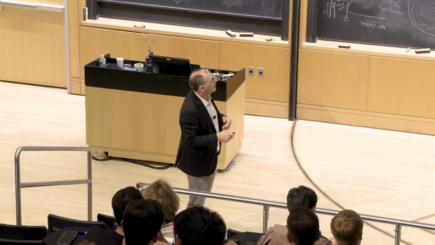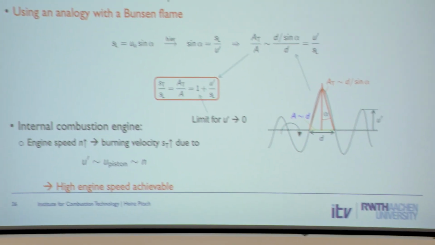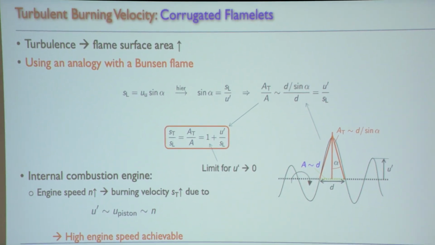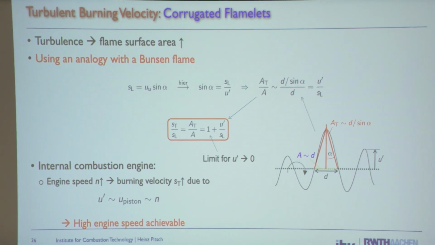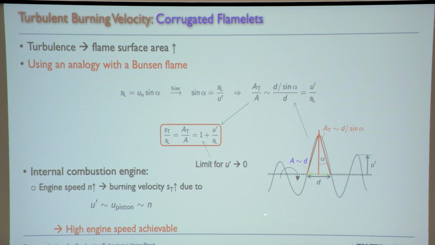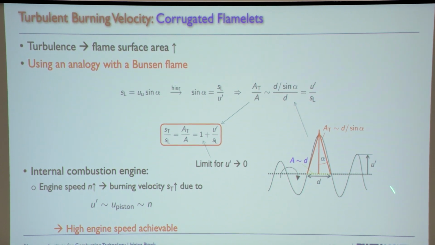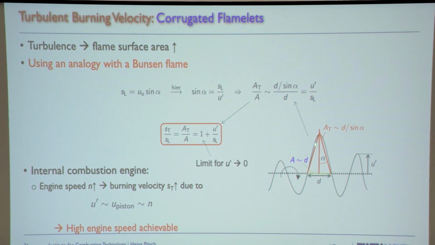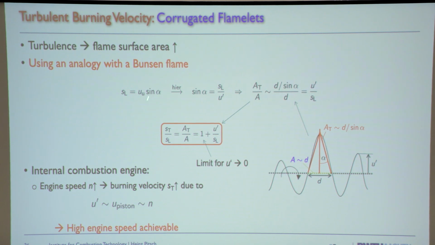So he thought, I just use the same concept now for the turbulent flame. So here you see the turbulent flame. And let's look at this little piece here as like a little Bunsen burner, where in the Bunsen burner you have an incoming velocity here, the unburned. And here we want to say, that should be the eddy.